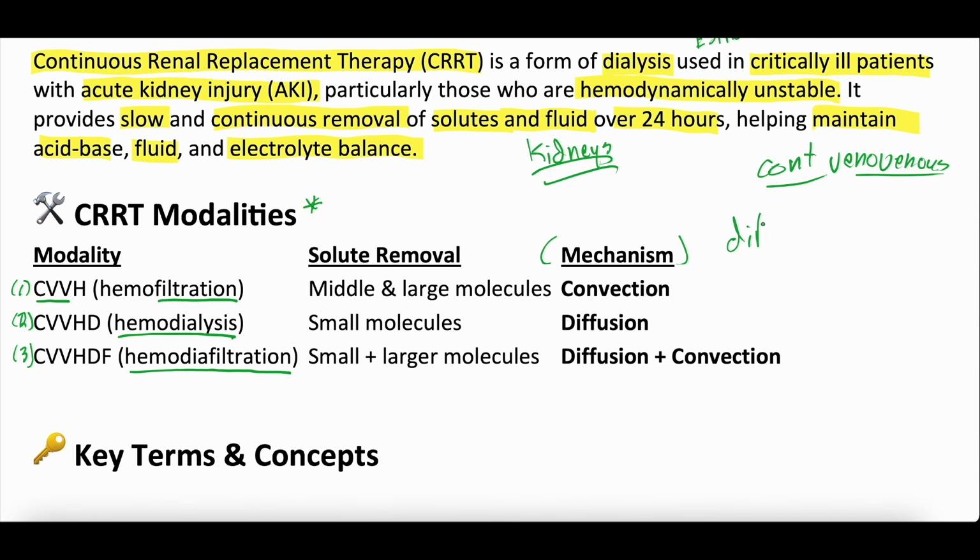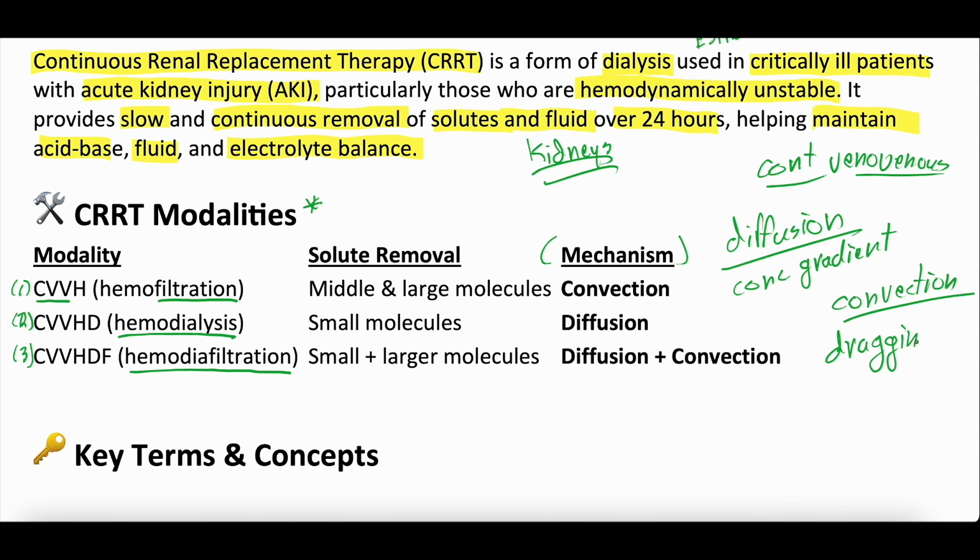Diffusion is easier to think about. This is where solutes in the blood diffuse down a concentration gradient. It involves dialysate and some other things we'll talk more about. Whereas convection is where flow of blood and pressure force water and solutes through small pores down a filter, and the water coming out of the blood is dragging the solutes with it.